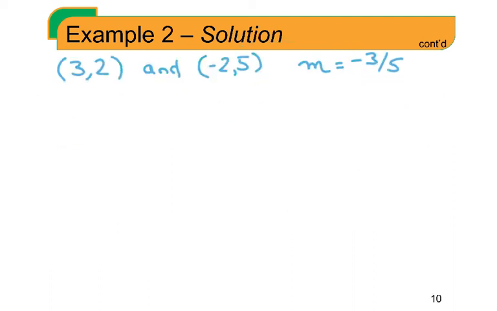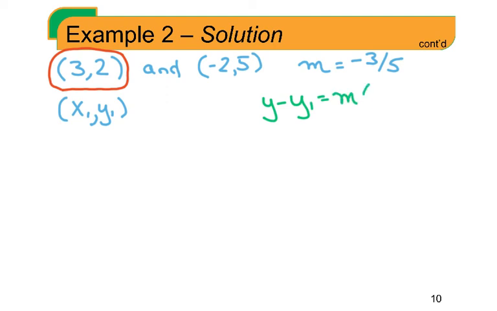Okay, let's see how this would work out. Again, I always choose the point that doesn't have negatives in it if I have a choice. So I'm going to call this x1, y1, and I'm using this point slope formula, which looks like y minus y1 equals m times x minus x1. So what does that mean?